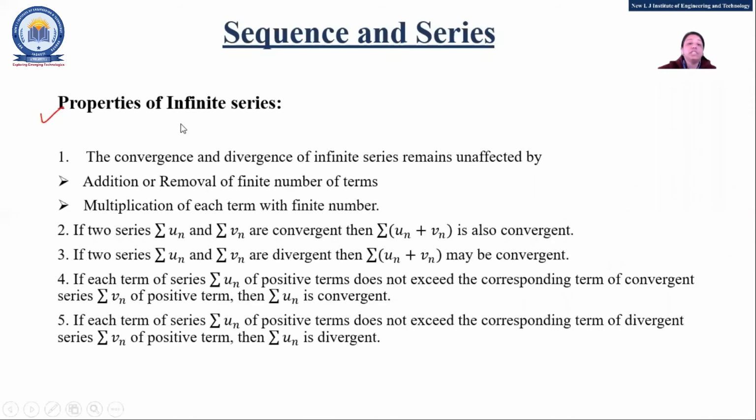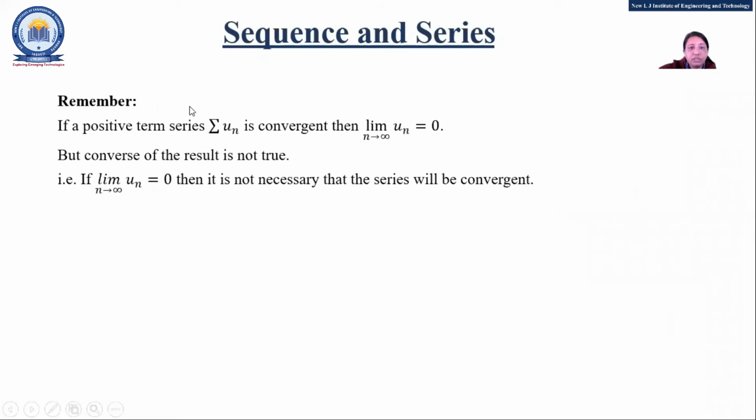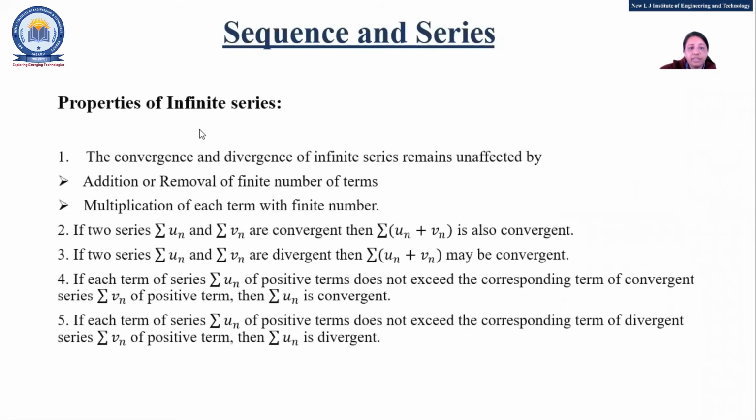Now the next one is properties of infinite series. Suppose you have two series. Like we saw for sequences, that un and vn are two sequences, and if their limits are L, then un plus vn are also convergent.